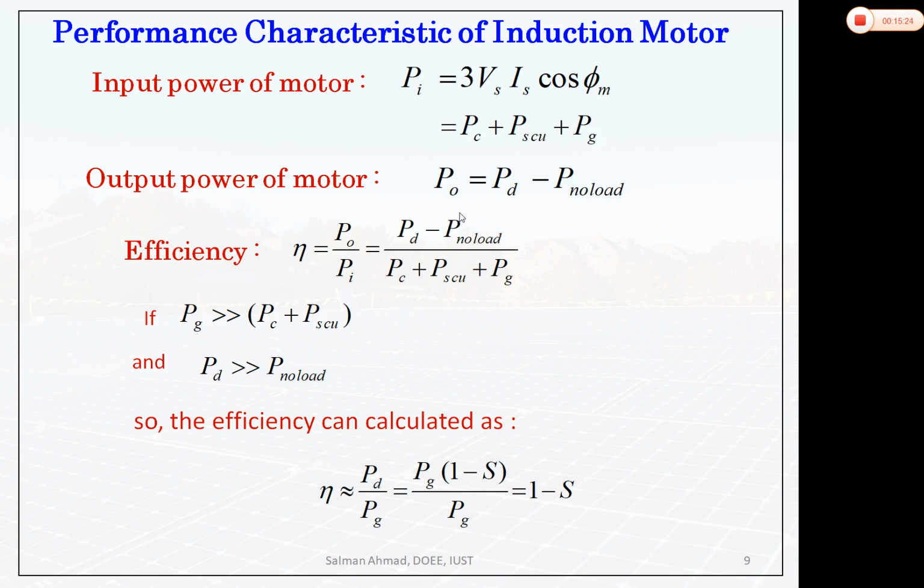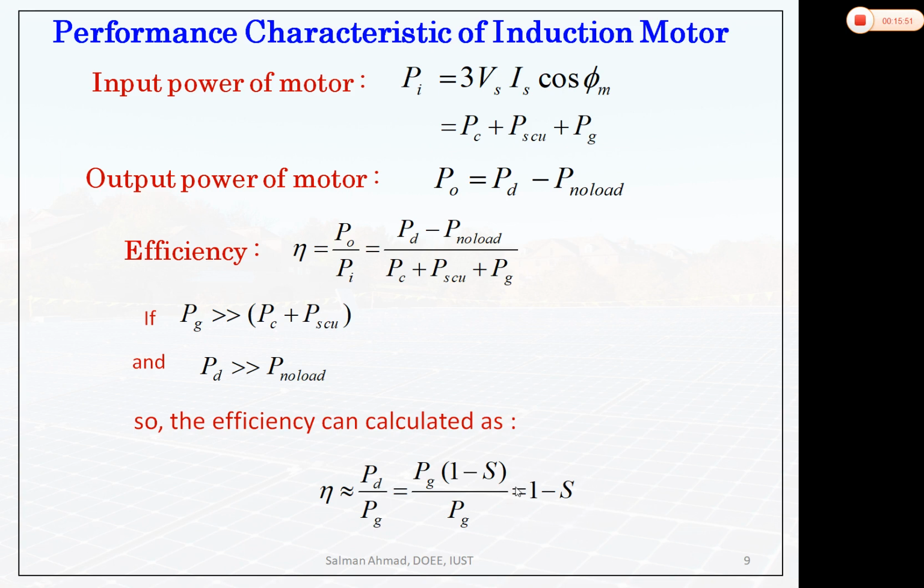Normally you see that the no load power is very small in comparison to PD. Also stator copper loss and core losses are small in comparison to air gap power. So we can neglect these parts. So efficiency, as a rough estimate, you can find from PD upon PG, that is (1 minus S).